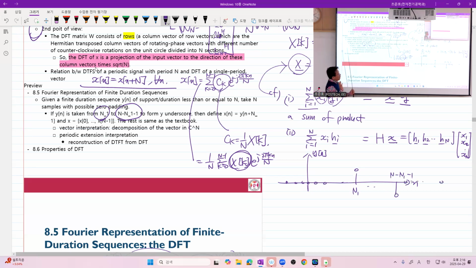By the way, how many samples do you have in that range? As you learned in high school math, if you have consecutive integers, what do you do?